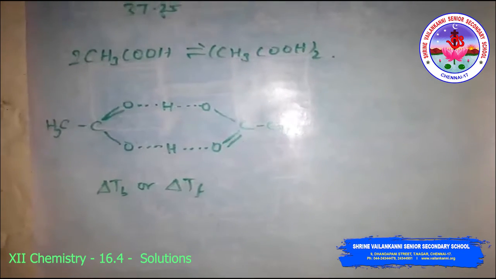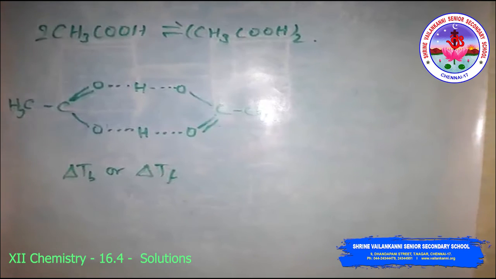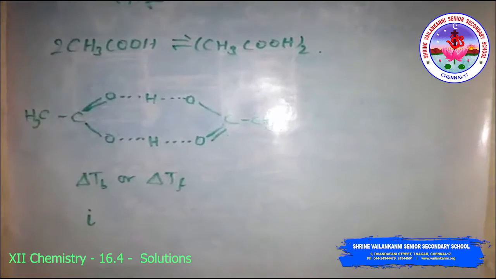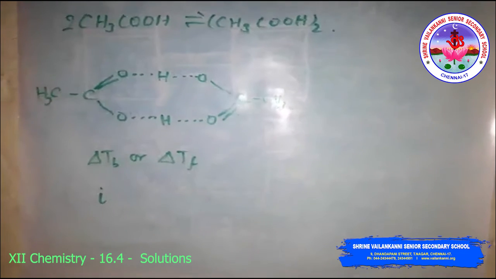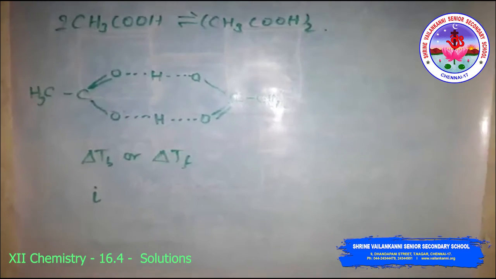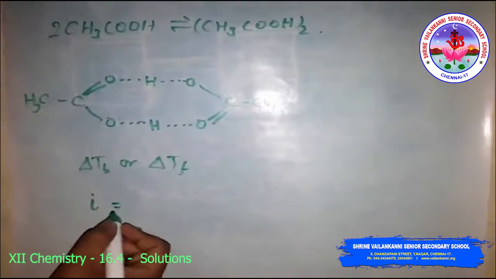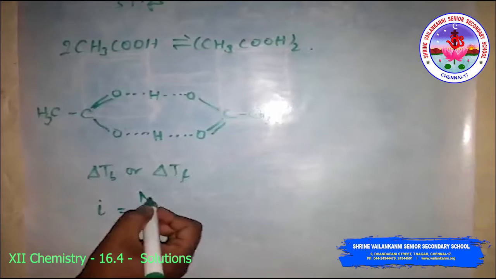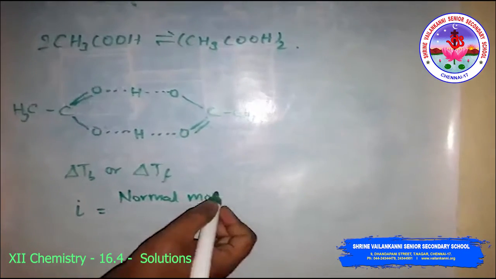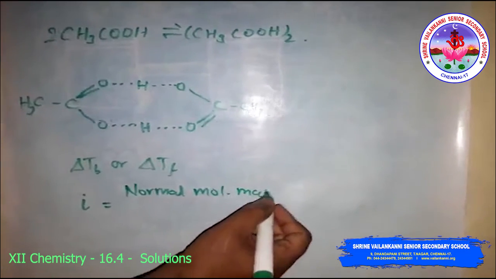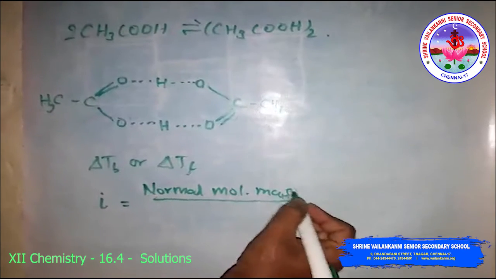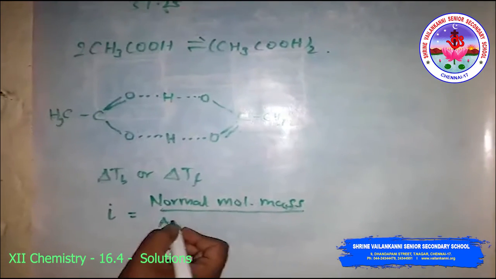In 1880, Van 't Hoff introduced a factor, known as the Van 't Hoff factor i, to account for the extent of dissociation or association. We define i as normal molar mass divided by abnormal molar mass.